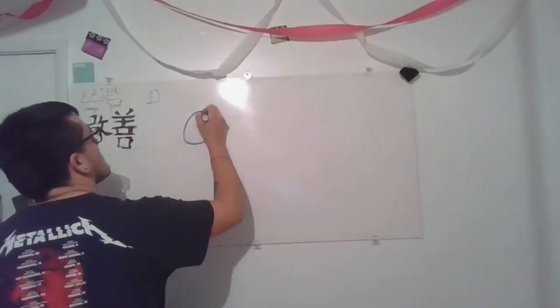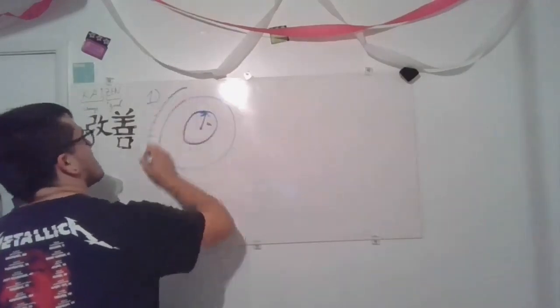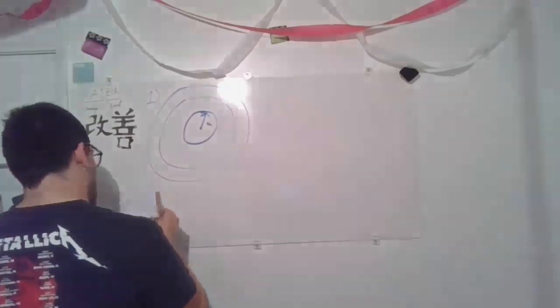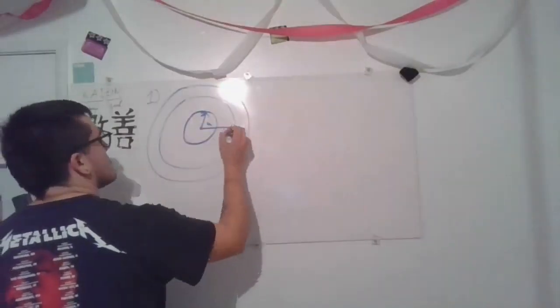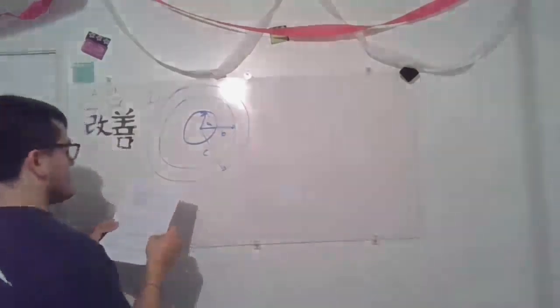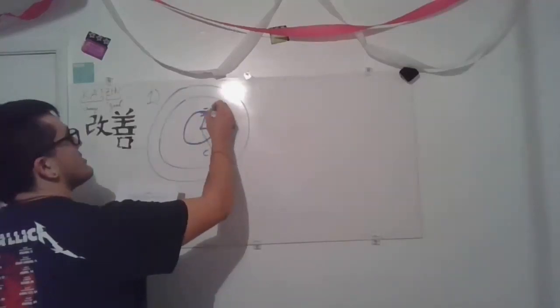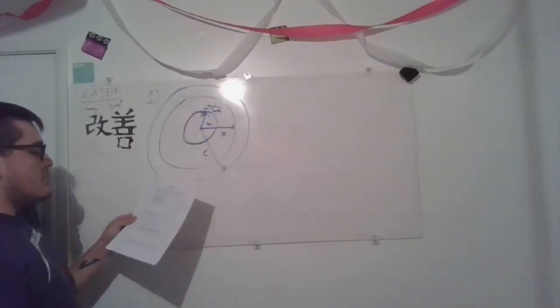That's better. And there's a hollow sphere around it with radius B, radius C. And they want to know the outer shell. They tell you that this shell has positive charge Q.